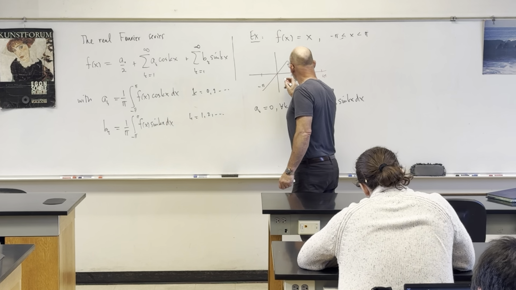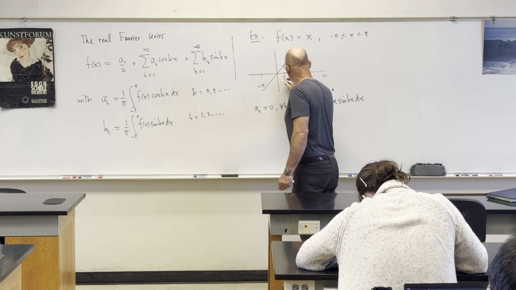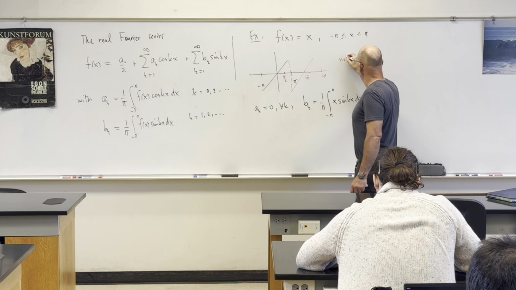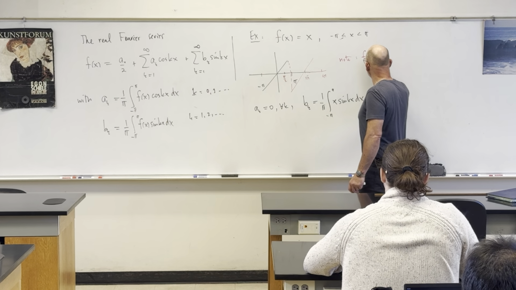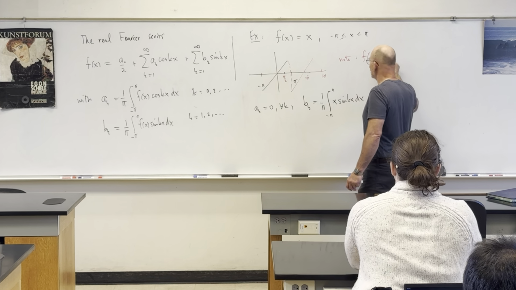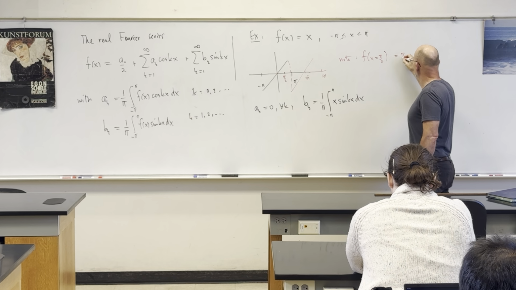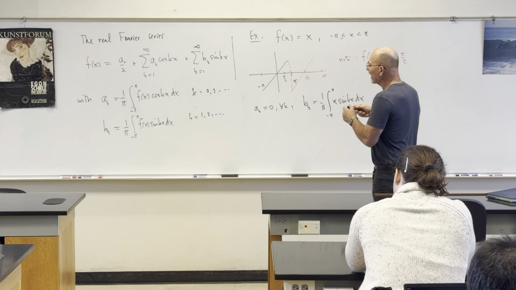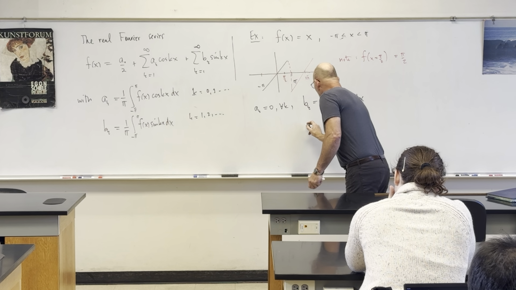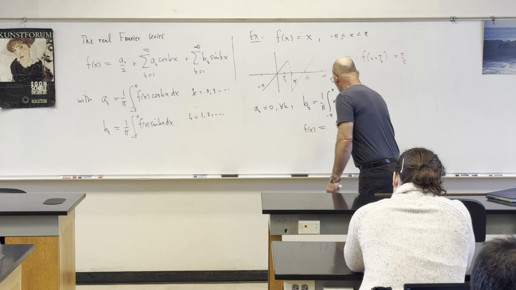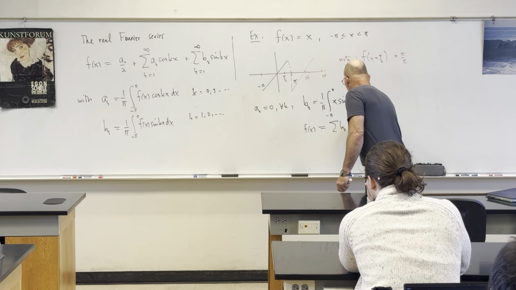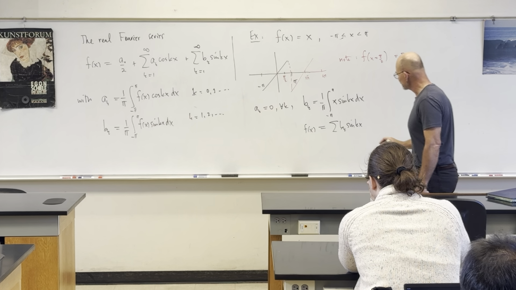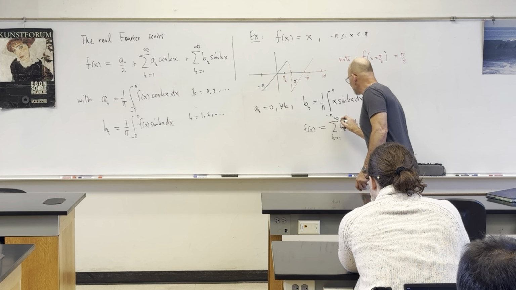What is the value of the function at pi over 2? Note f of pi over 2 is just equal to pi over 2. You're going to get a summation. I'm just going to put this under here. f of x is equal to the sum over b sub k sine of kx, k equals 1 to infinity.